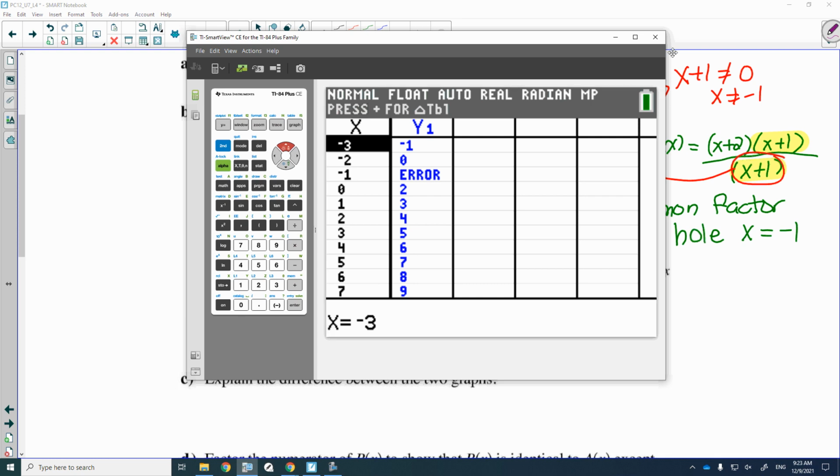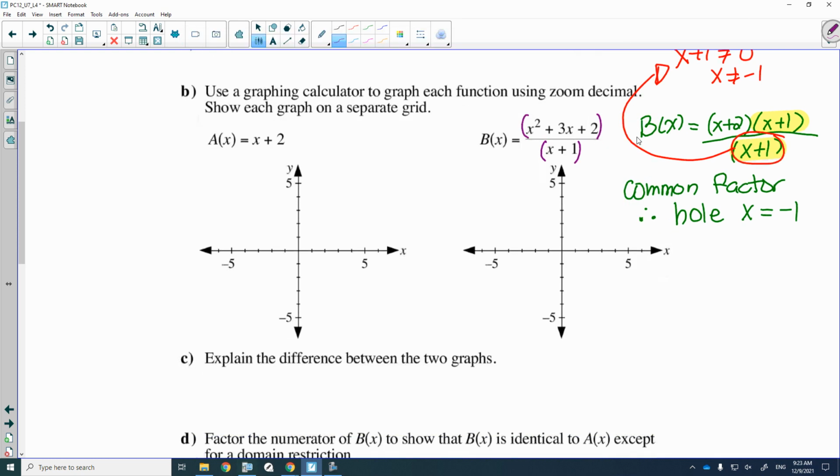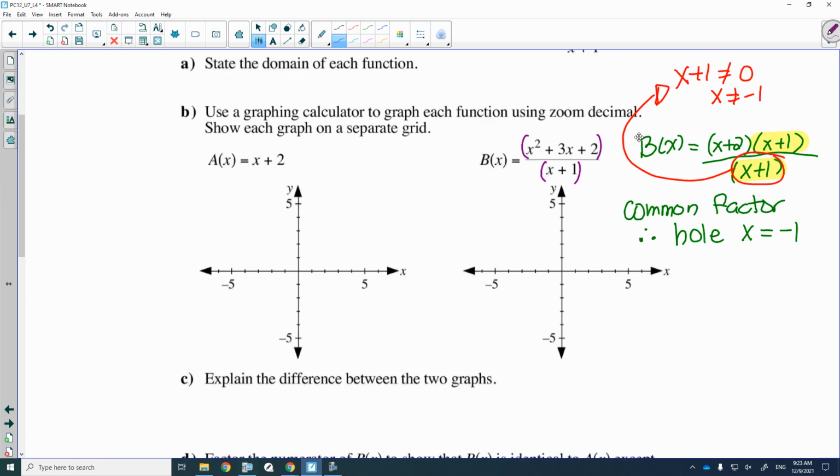And I'll show you how to draw the hole. You need to figure out what the y value of the hole is. So here's how you figure out the y value. Once you've got your common factor and you figured it out, it's a hole, let's cancel those common factors. And then we're left with b of x is equal to x plus 2.